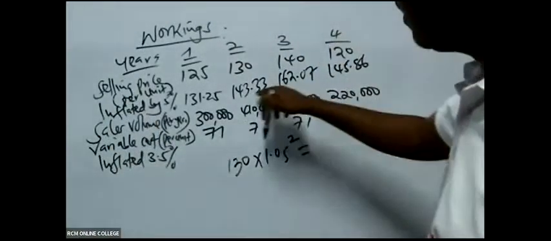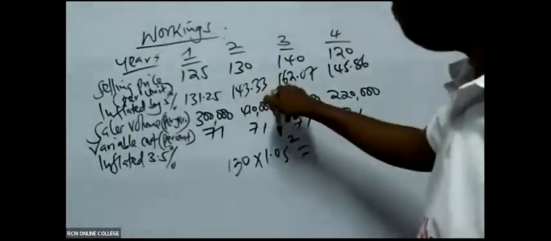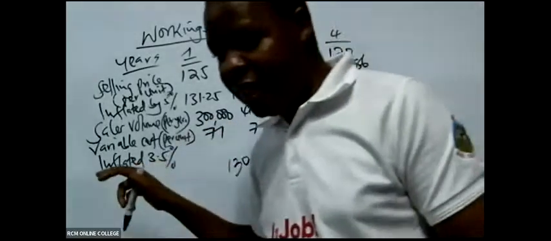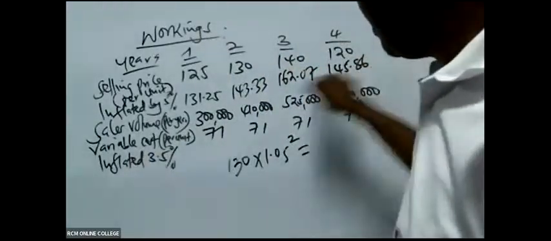You will get 143.325. Then go to year 3, and you will get these figures.